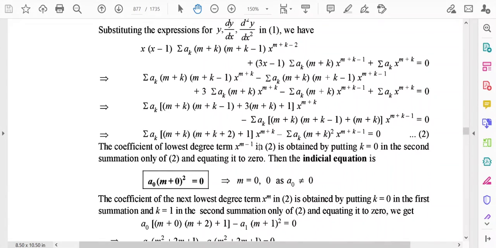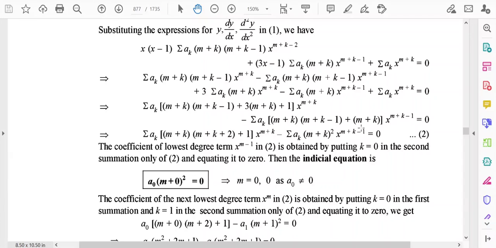Here the power of x is m plus k, and some summation factor is multiplied with x to the power m plus k, and here the power of x is m plus k minus 1, and some summation factor is multiplied with x to the power m plus k minus 1.